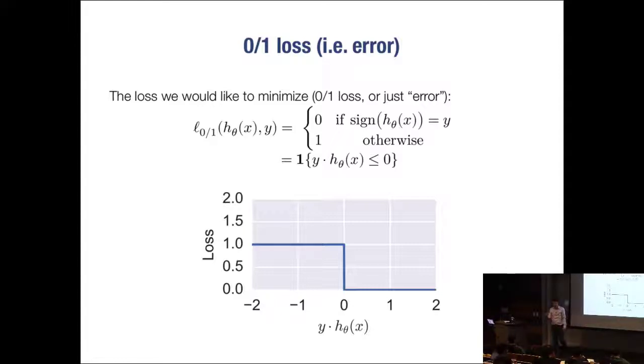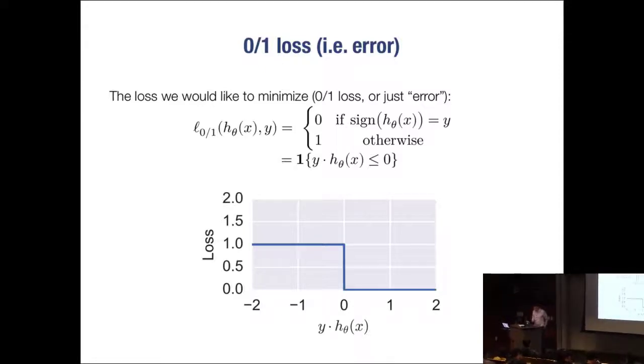This will both cause this whole quantity to be negative. And so whenever this thing is negative, you suffer a loss of 1. Whenever this quantity is positive, you suffer a loss of 0. If it's exactly 0, you also suffer a loss of 1. That's to avoid the case where you just predict 0 on everything and magically get 100% accuracy, right? We don't want that.